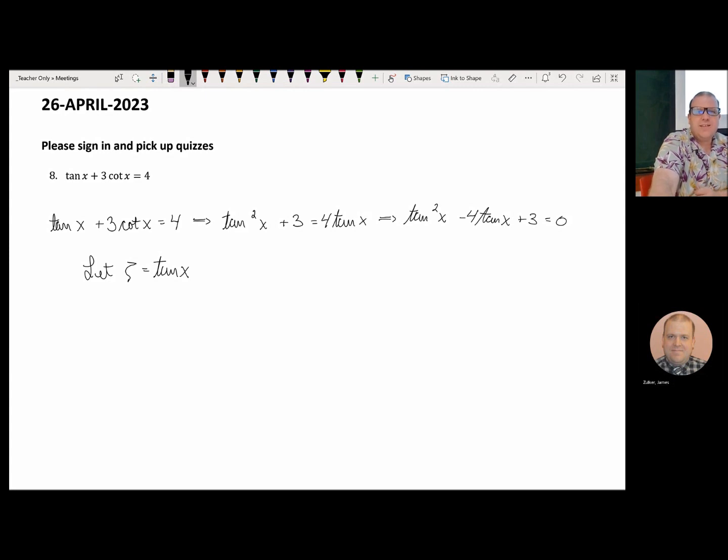So we're going to let zeta be tangent of x, right?